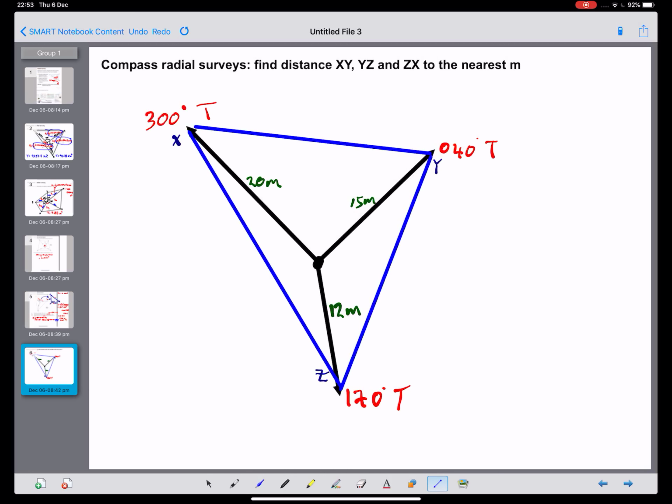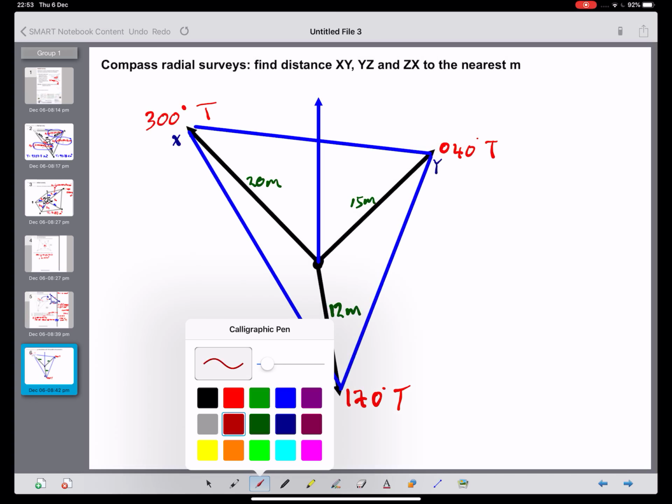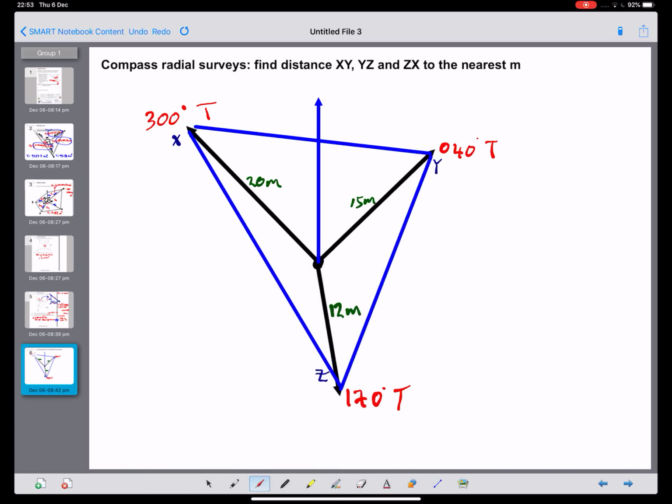Okay, so our north is going to be here. I'm going to do this in red. Okay, so now this is 40. Now this is going to be 60. So add them together, we're going to get 100. Okay, so all this is going to be 100.